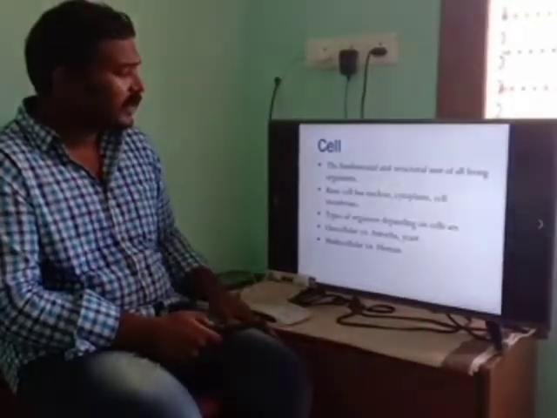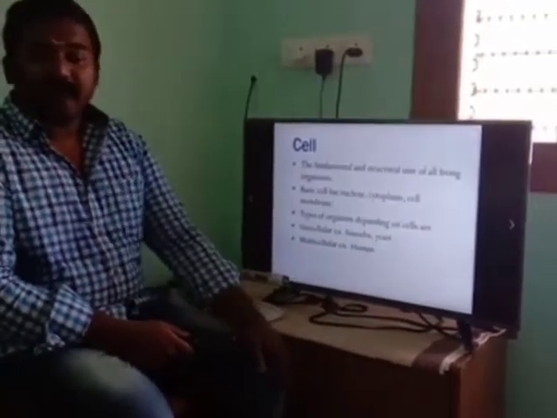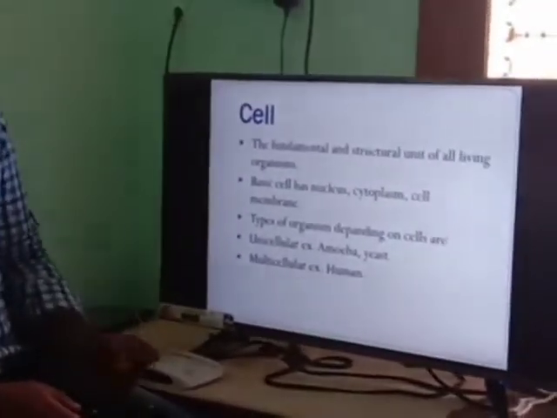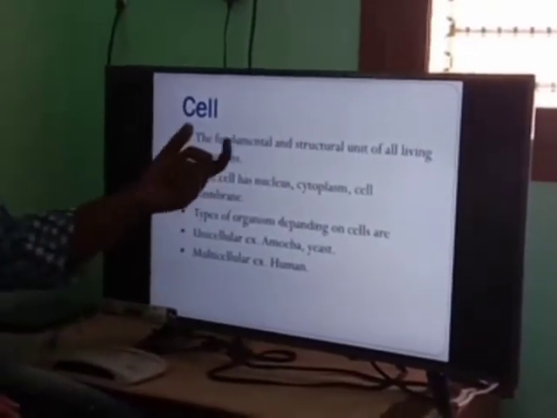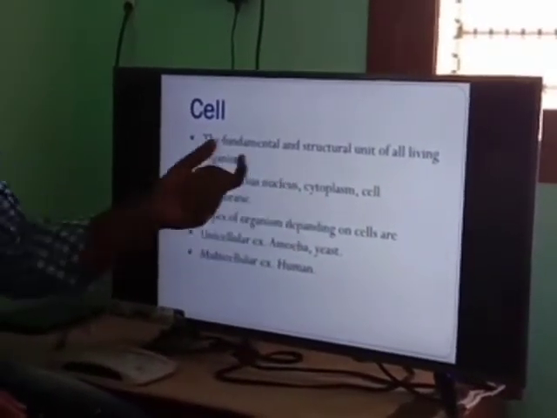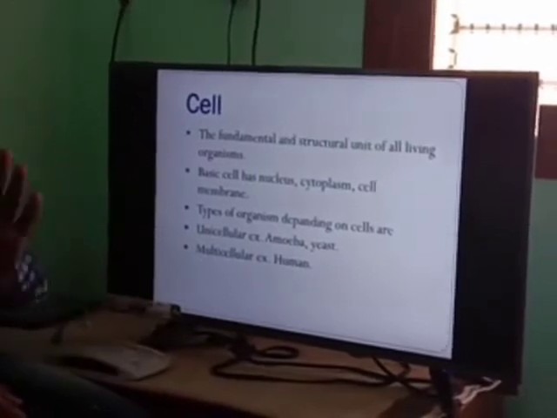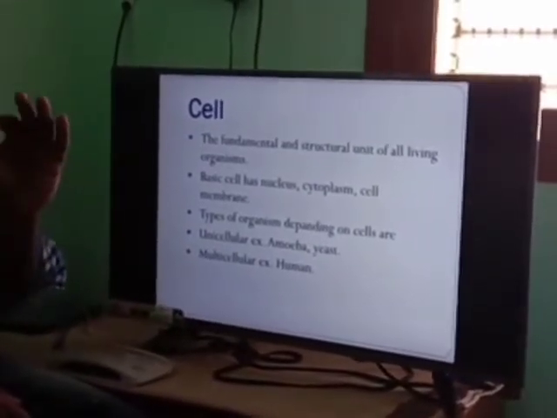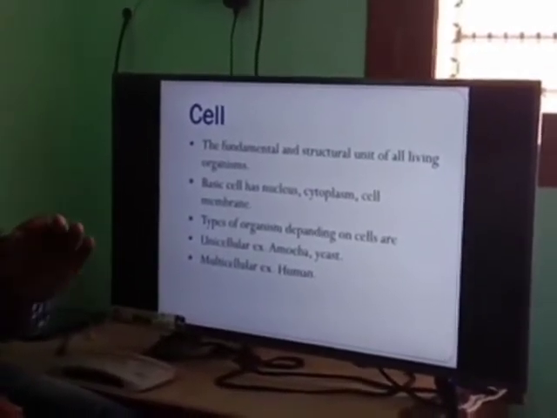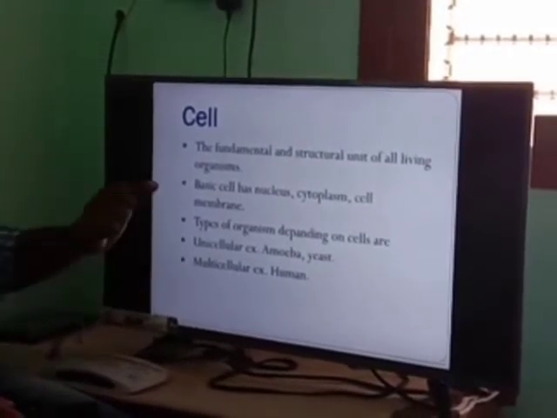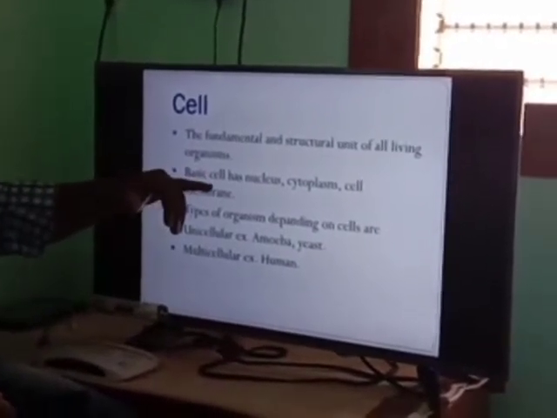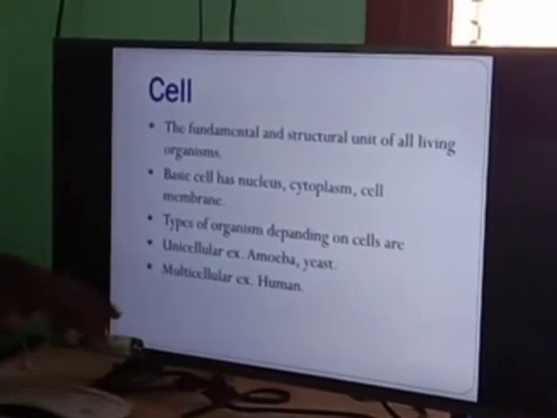Then cell. First we have to see what is a cell. The fundamental and structural unit of all living organisms is the cell. So each and every organism is made up of cells. A basic cell has three main parts.